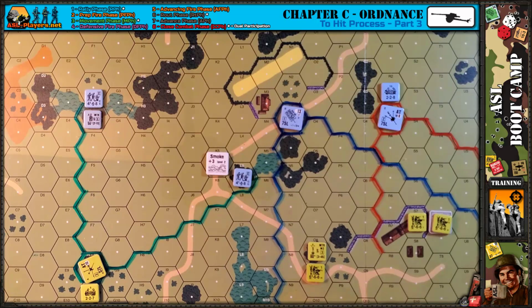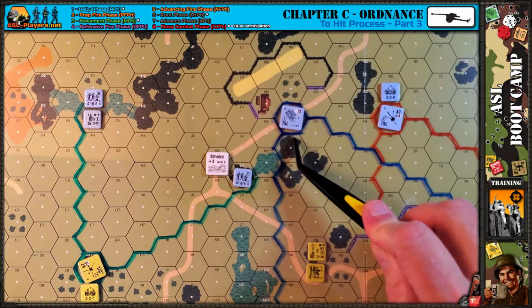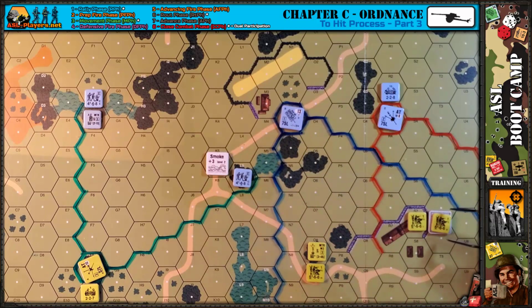Or he could fire infantry target type at either the ground level or the first level, and whichever unit he chooses to shoot at would be affected by full firepower of 75 millimeter HE. Okay, that's the difference between area target type and infantry target type. Every location is hit with area target type. Only one location can be hit with infantry target type.